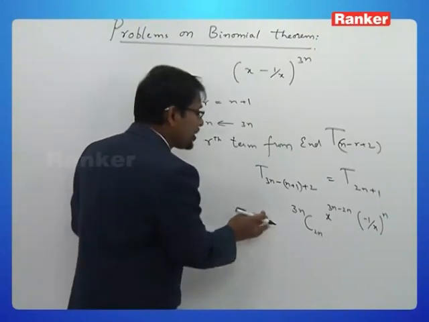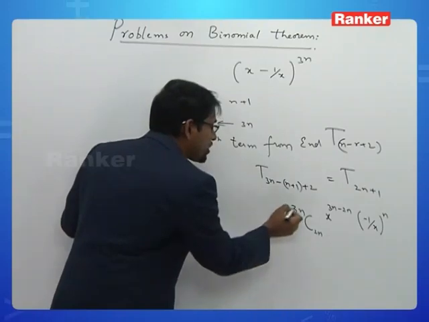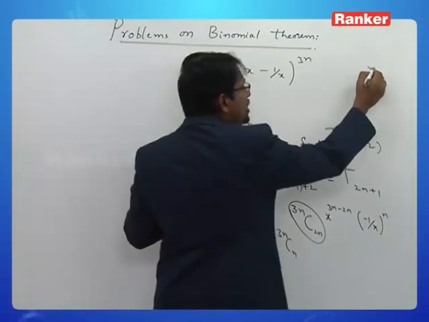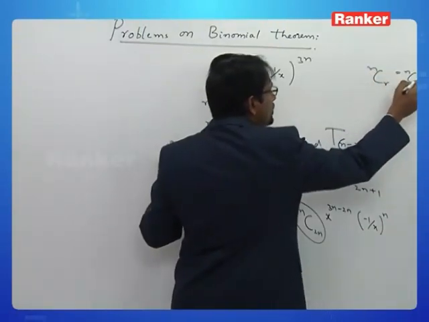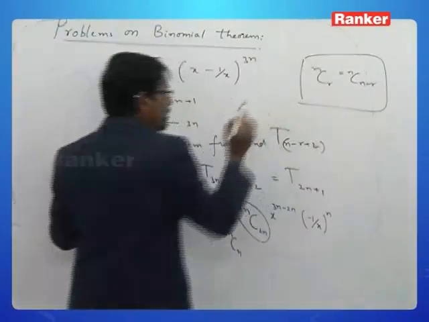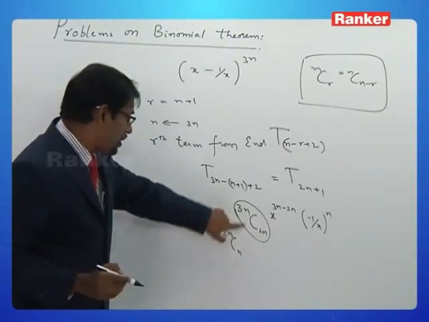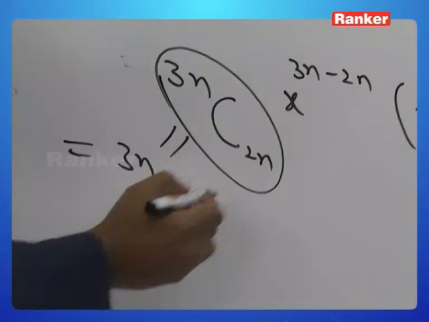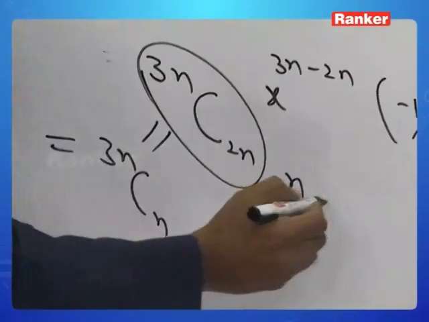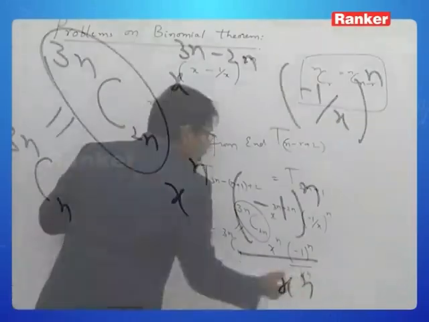Okay, so what is this? We can write this 3n c 2n as 3n cn, because we know that ncr is equal to nc n minus r. So using this identity, 3n c 2n and 3n cn are one and the same, so we can replace it. And what do you have here? x power n into minus 1 power 2n by x power 2n.